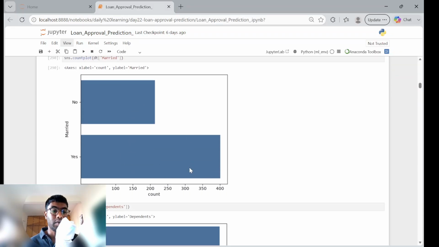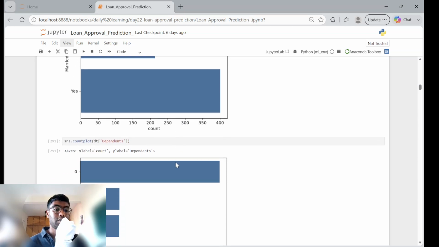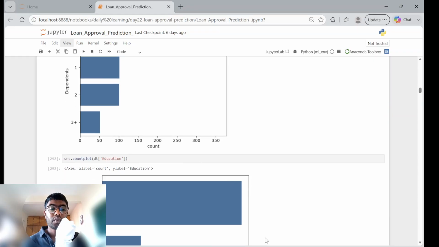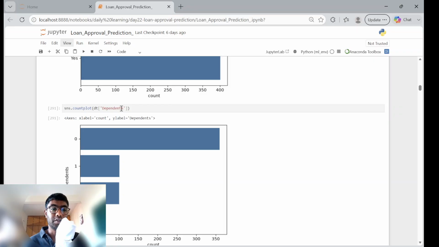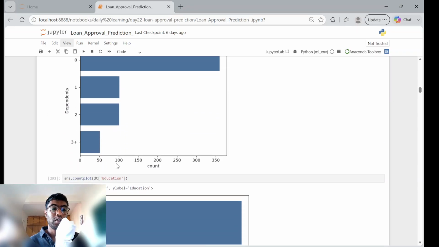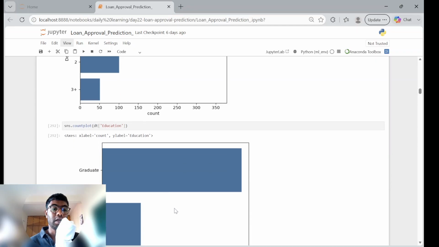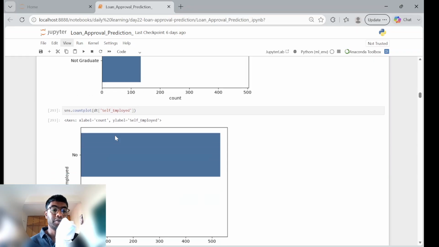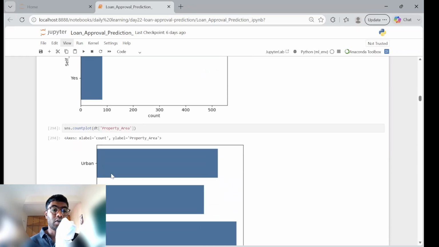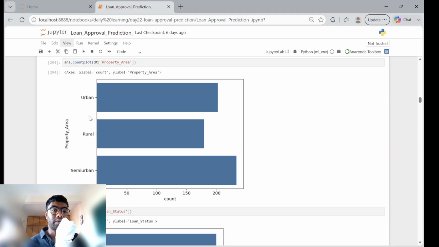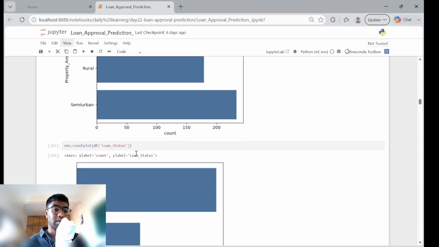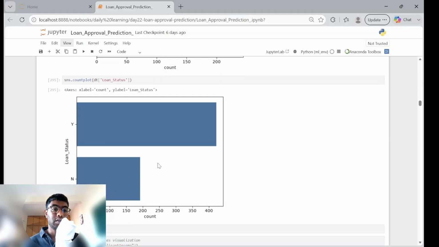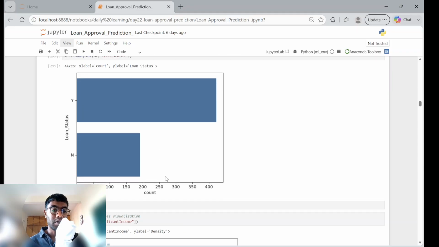Both these adding will give out 614 data points. We could also see the other features here: dependents, how many dependents a specific applicant has, and the educational distribution, employed or unemployed, the kind of population a specific applicant is coming from, loan status of the specific applicants.